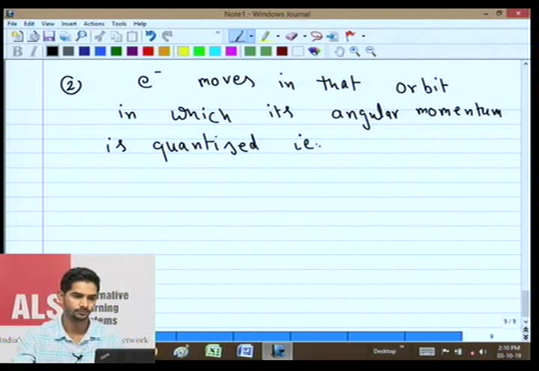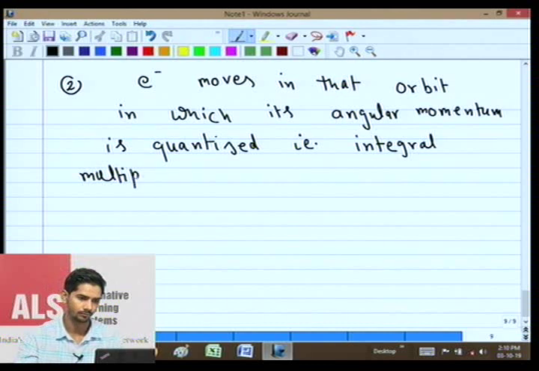That is, integral multiple of h upon 2 pi.